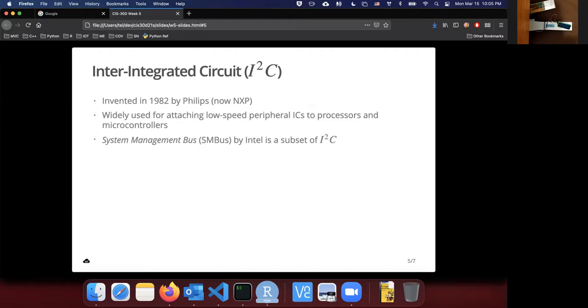Now, of course, if a device supports SMBus, then it also supports I²C, because I²C is a superset of SMBus. And typically it's a very easy transition. If it supports SMBus, basically it can also communicate on I²C.